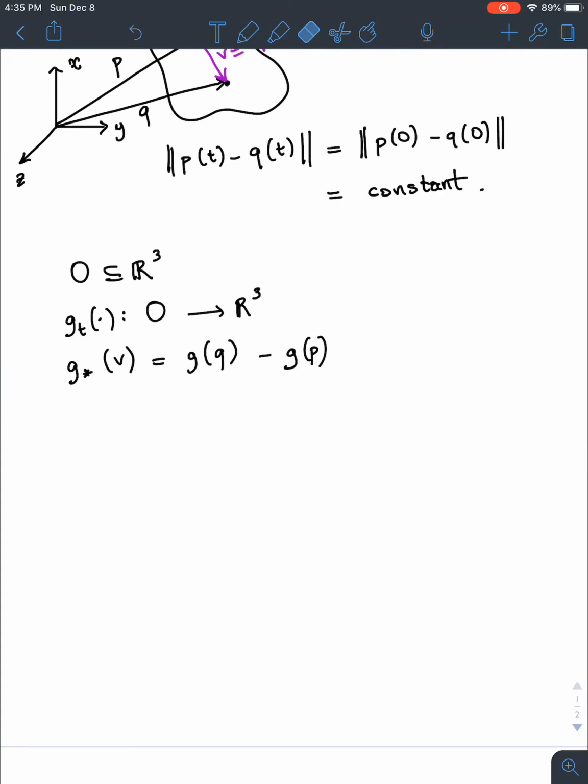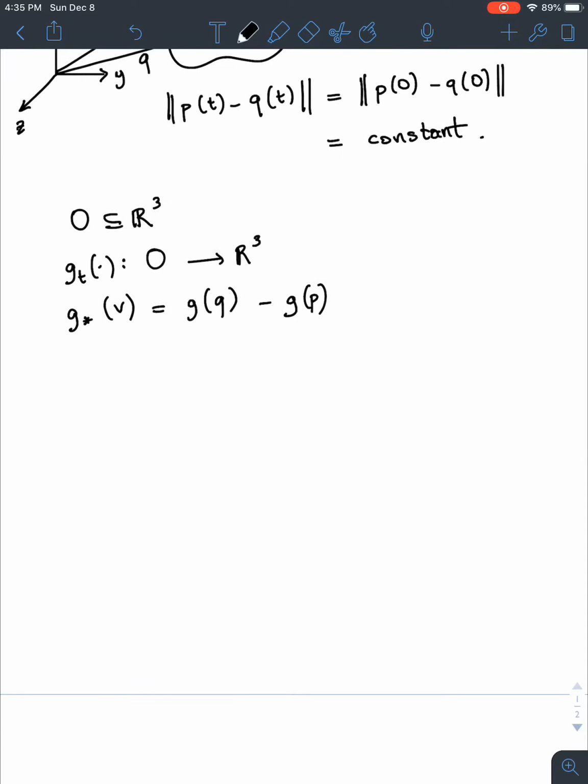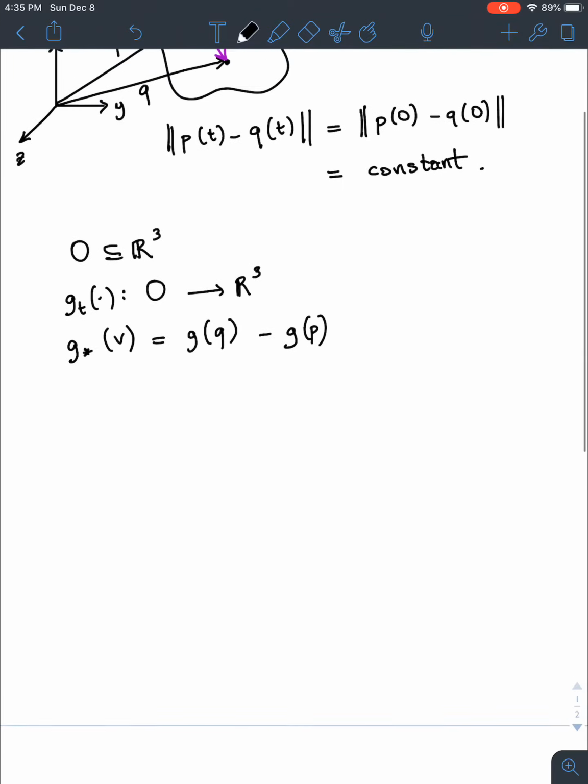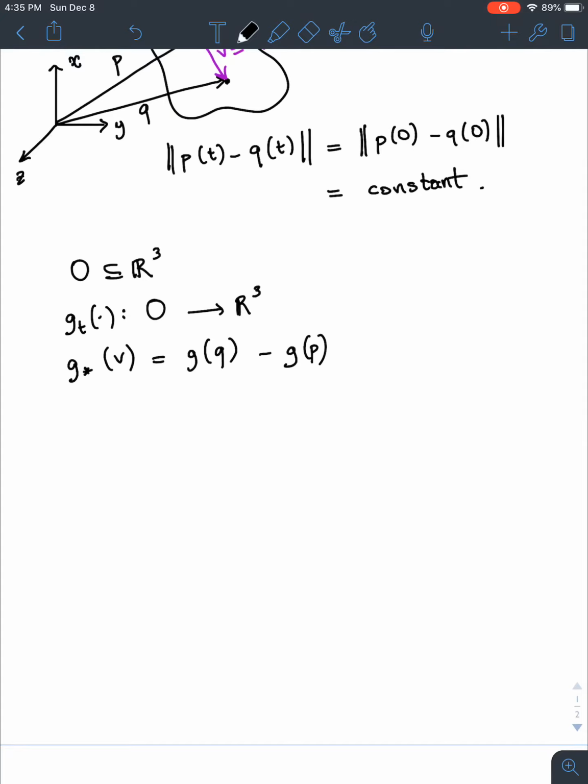Now, if this g gives us our rigid body transformation, and we said that rigid body transformations must preserve length, then we define the rigid body mapping rigorously as follows. We have a mapping g from R3 to R3.